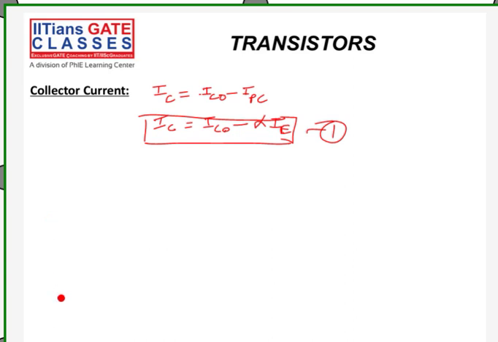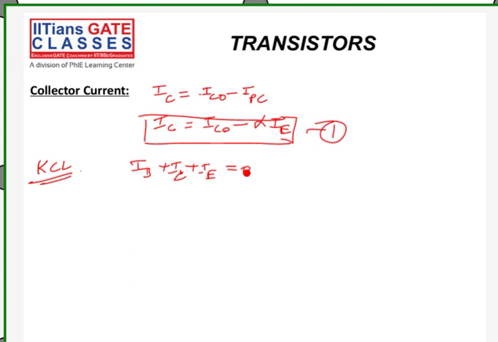So we have seen all currents which are IB, IC and IE, they were flowing into the transistor. So their sum was equal to 0. Means I can write by KCL, IB plus IC plus IE, all three will be equal to 0. Their sum will be equal to 0.